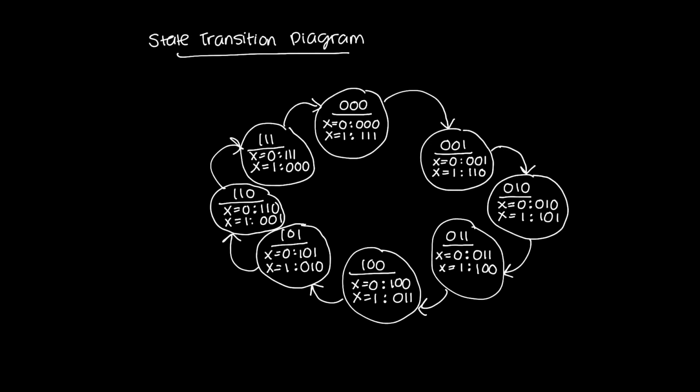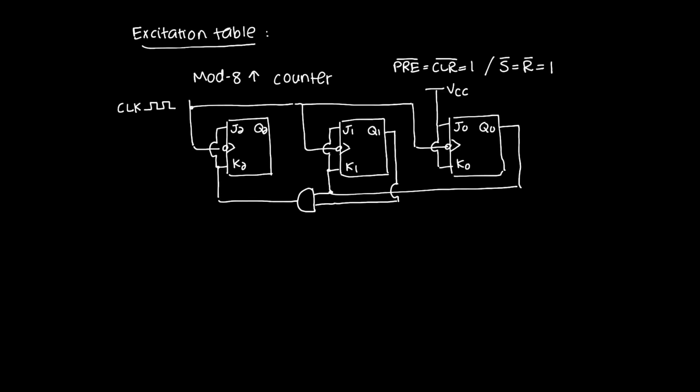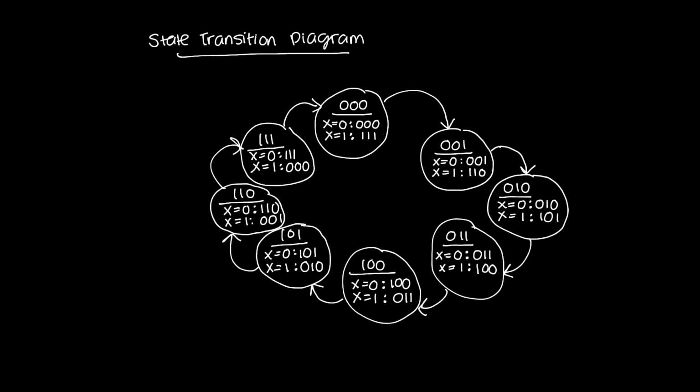And this is taking care of getting me from one state to the next as per the state transition diagram. So it's taking me from one state to the next state unconditionally. And I have 8 unique states. That gives me a mod 8 counter. So that's good.